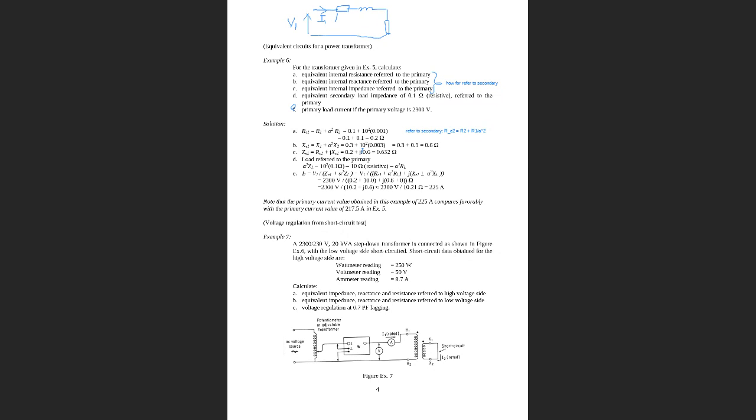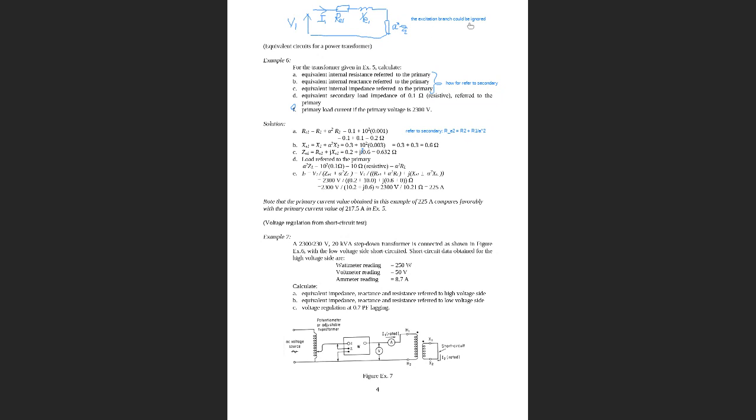Here is the equivalent resistance referred to primary, this is the equivalent reactance referred to primary, and this is the loading impedance times the transformation ratio squared.